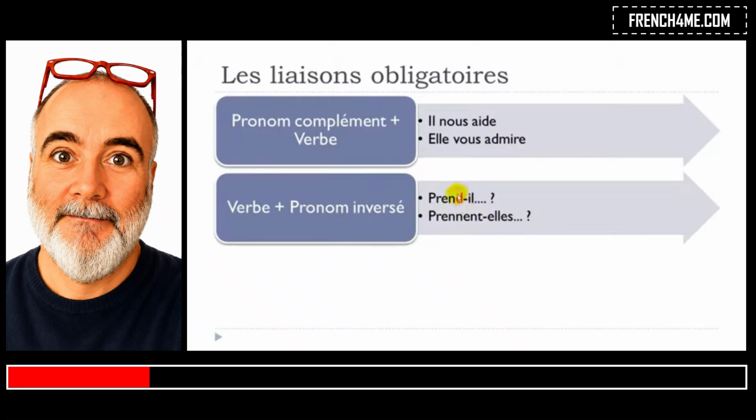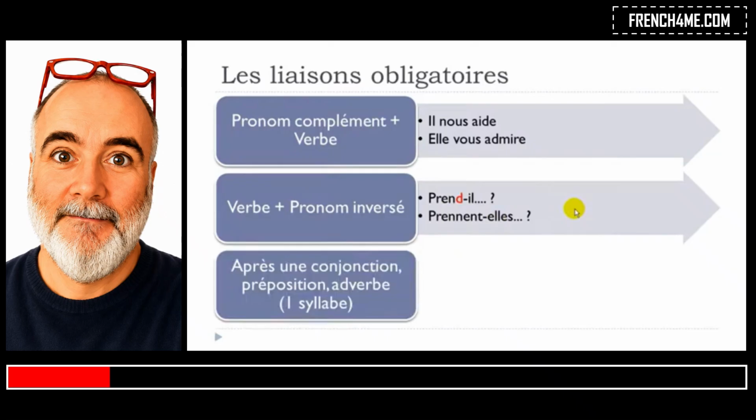And so this little d here is in red just to show you that you won't pronounce it like d to make the liaison, but you will pronounce it like t. And so you will get prend-il, okay? But then here, prennent-elles, okay? So you get your t and then prennent-elles, all right? So prend-il, remember, you pronounce it like t, and here, prennent-elles, all right?